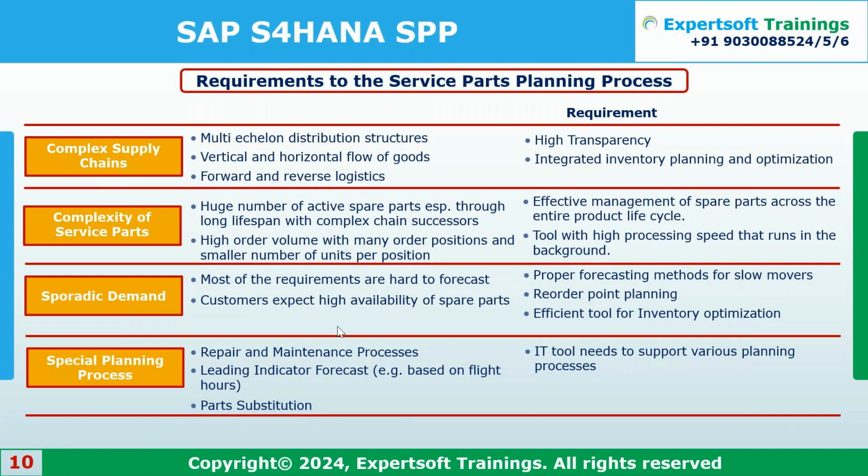And effective management of service parts comes into the management scenario, where the management people and planners will be able to visualize all those reports and do better forecasting if there is any change required in the forecast. They can visualize how the forecasting is going with those reports.